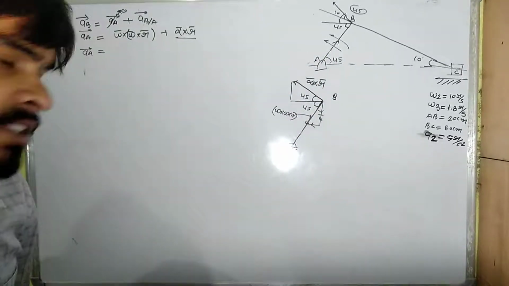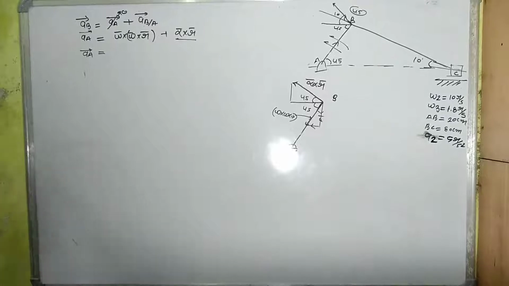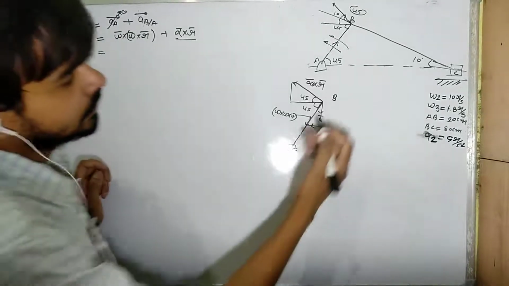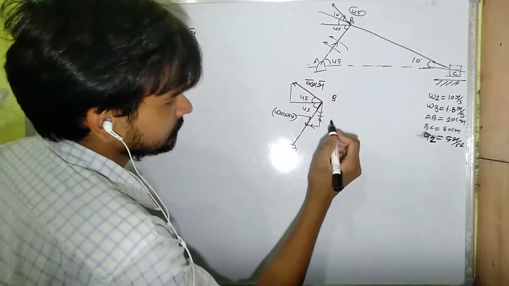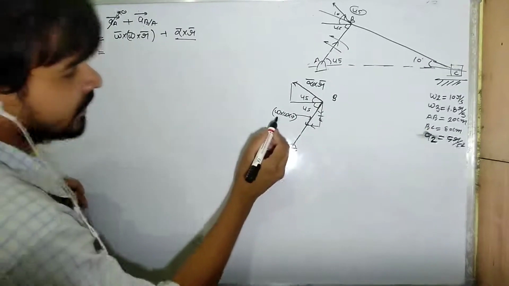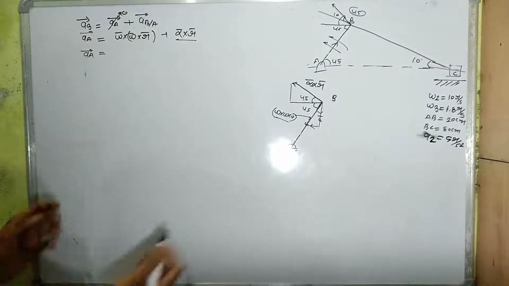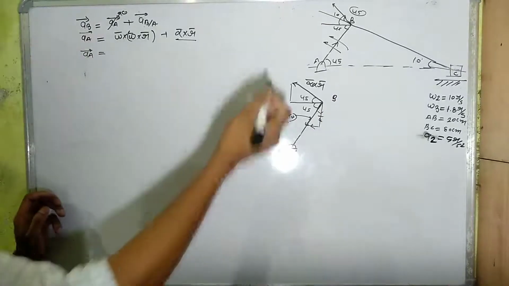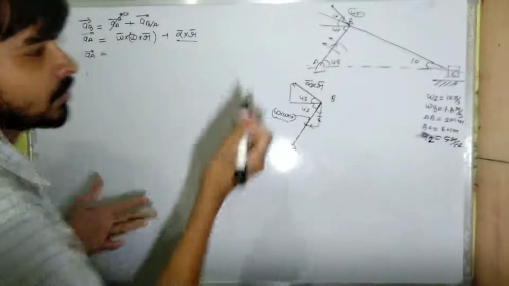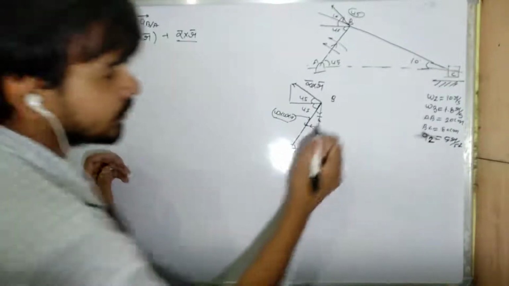I don't know how much it is, but I am assuming this much. This is actually omega square r and this is alpha r. I have written alpha cross r because of the direction. So you can resolve with it.